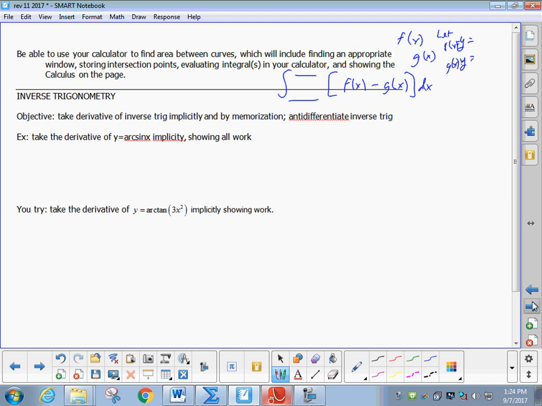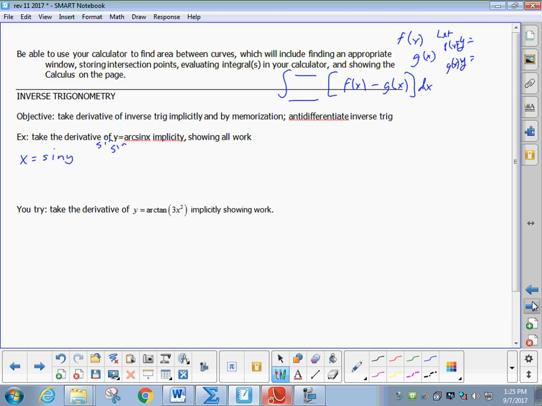If I want to get rid of arc sine, which is inverse sine, what's the opposite of inverse sine? Sine. Now, can I take the sine of this side? Sure, as long as I take the sine of that side. What does that yield? x equals sine of y, or sine of y equals x, whichever side.